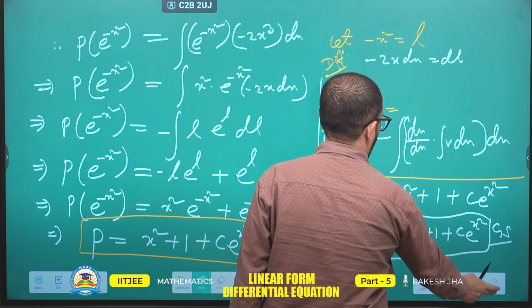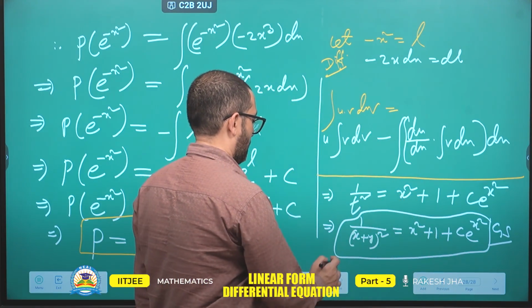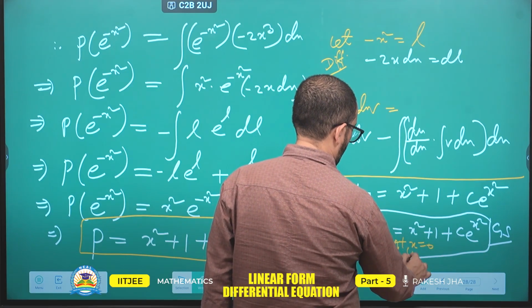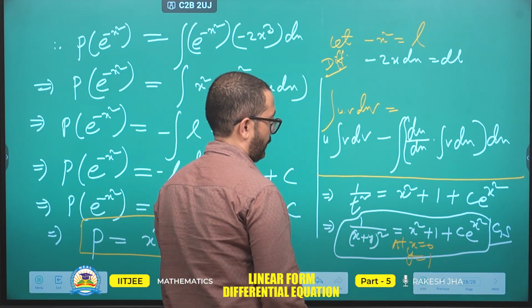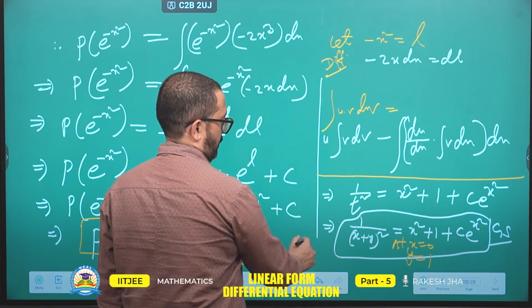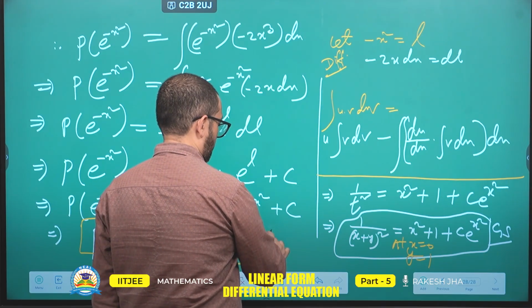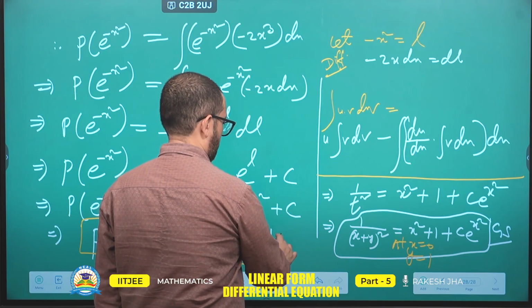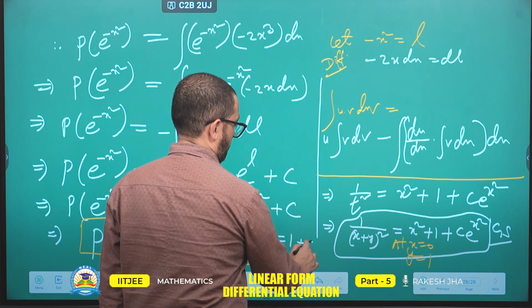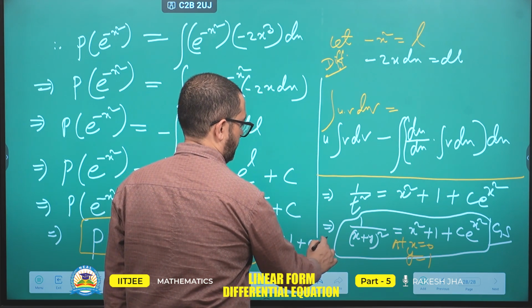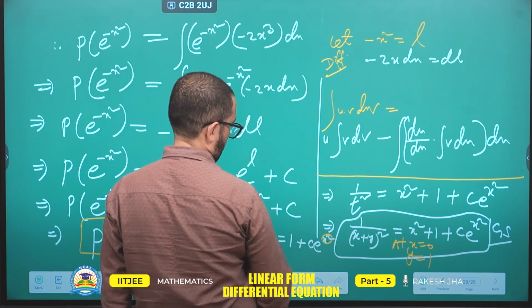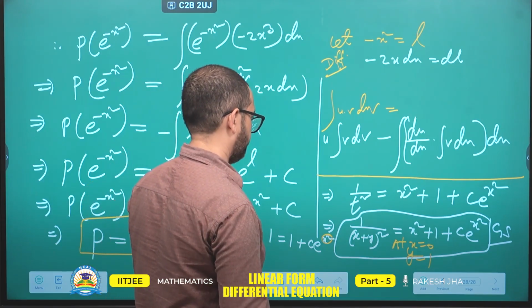So we have to put here x is 0 and y is 1. So we can put here 1 upon 1, so 1 only, and x is 0, 1 plus c times e raised to the power x square, that is again 0. So c is equal to 0.